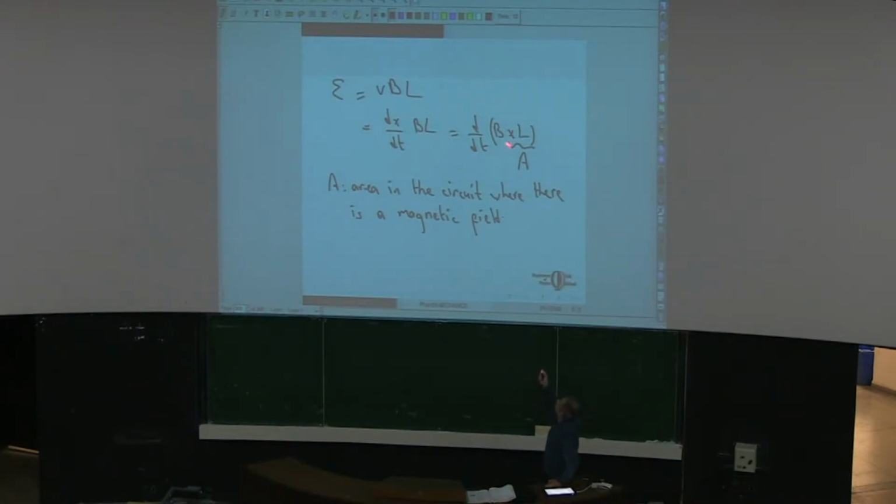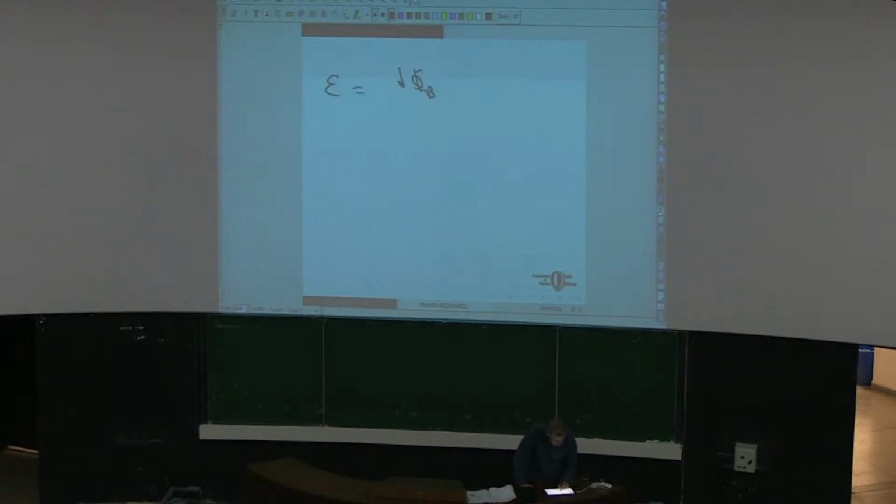So we have the B times the area, which is nothing but what we call the flux. So we can say that the EMF of the circuit is equal to the rate of change of the magnetic flux as a function of time. These are in terms of magnitudes only.